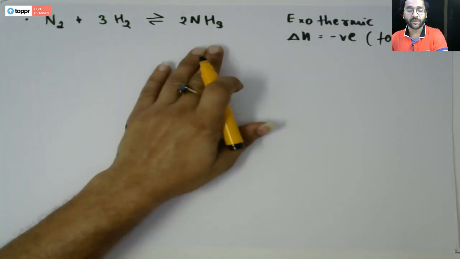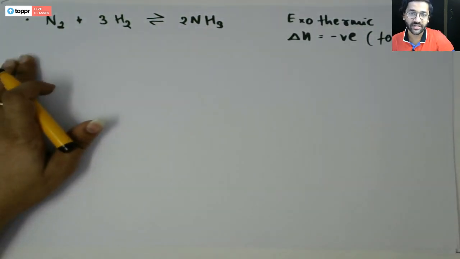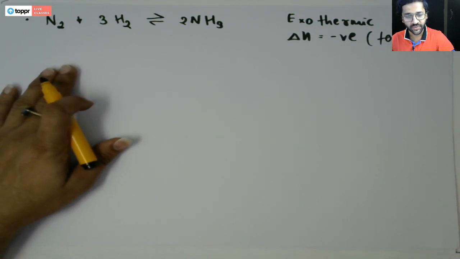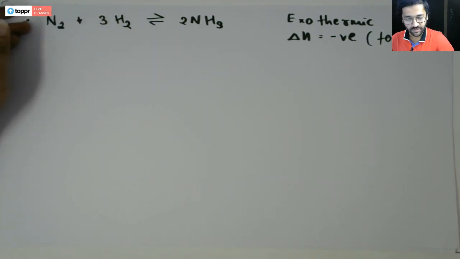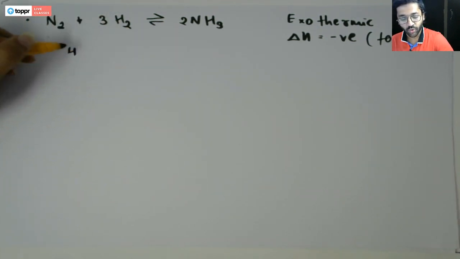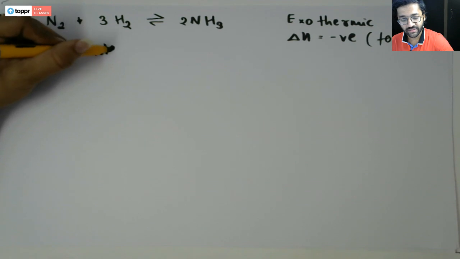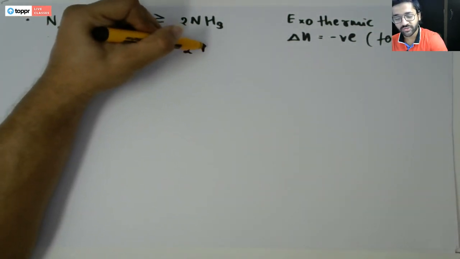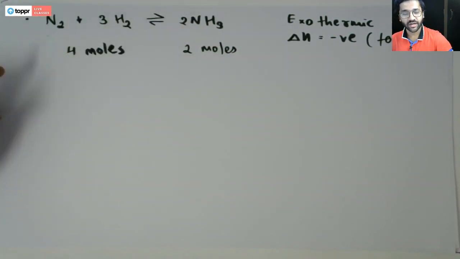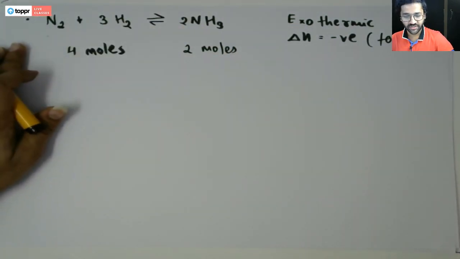So, when ammonia breaks down into hydrogen and nitrogen, it will be an endothermic reaction. Secondly, on the reactant side we have a total of 4 moles of reactants, whereas on the product side we have a total of 2 moles of product. Alright, so we have all this information.